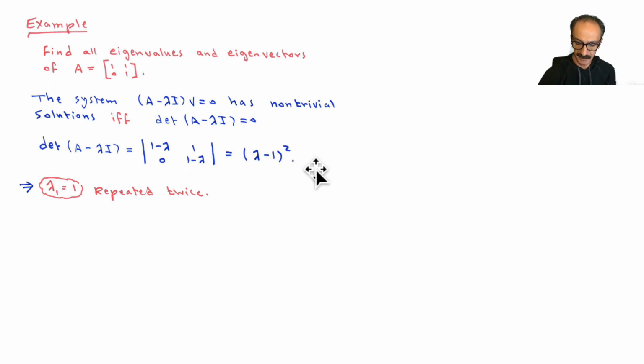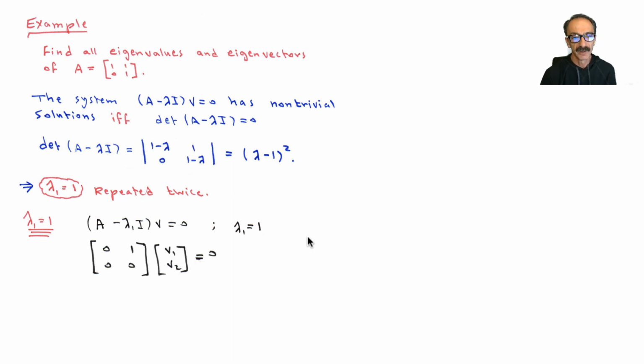So we go back and we plug in 1 in our system to solve this right here. If lambda 1 equals 1, I get here 1 minus 1 and I get here 1 minus 1, I will have 0, 0 in the main diagonal. To solve this, we write it as an augmented matrix. So you have 0, 1, 0 and 0, 0, 0.